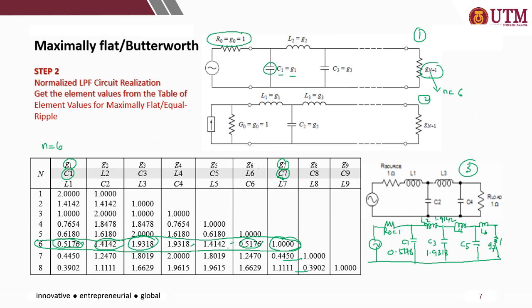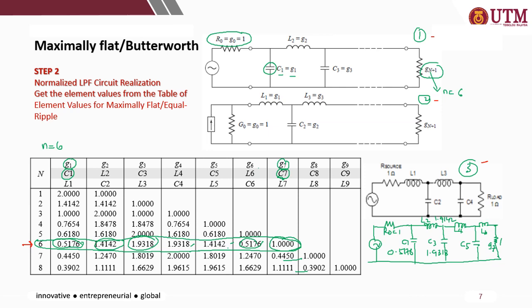Once you have the n, the next step is to get the normalized circuit components. We have discussed this earlier as well. For n equal to 6, you can choose either the first, the second, or the third configuration. Commonly we are using the first and the third one. For example, I've chosen the first configuration with the C component in parallel.